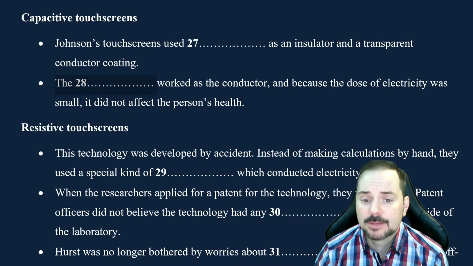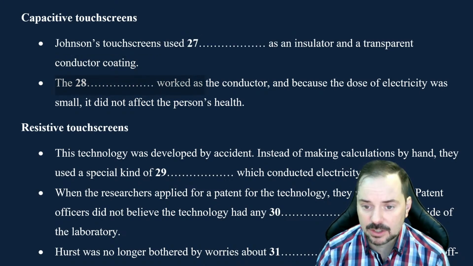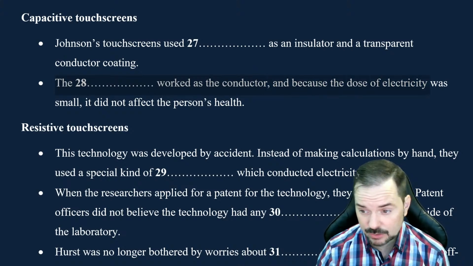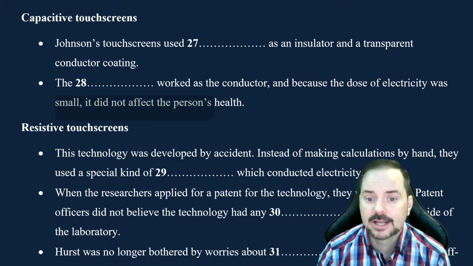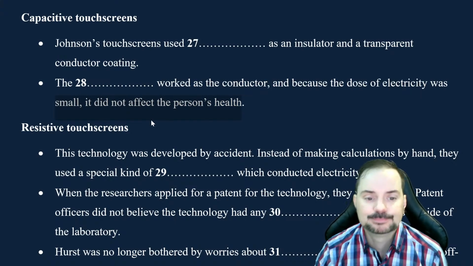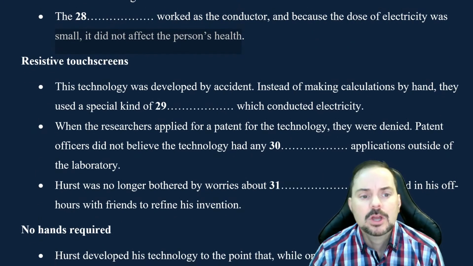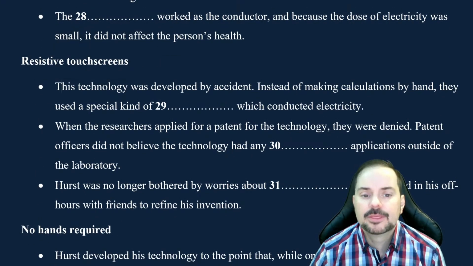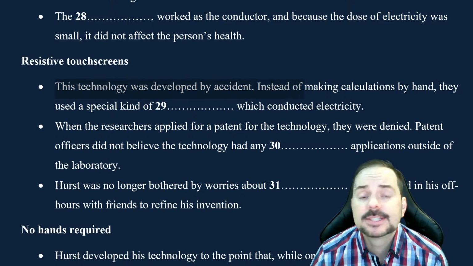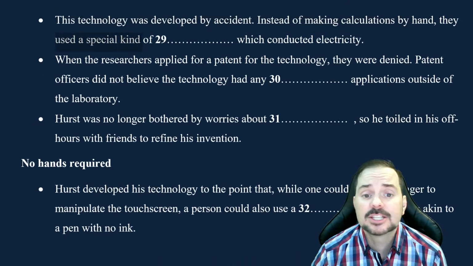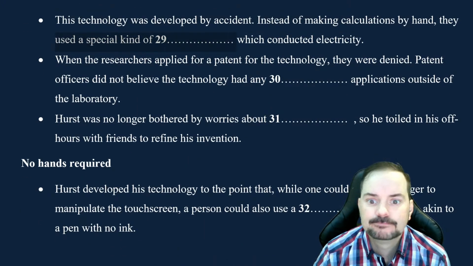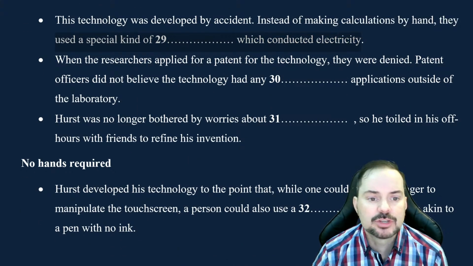The something worked as the conductor, and because the dose of electricity was small, it did not affect the person's health. Resistive touchscreens. This technology was developed by accident. Instead of making calculations by hand, they used a special kind of something which conducted electricity.